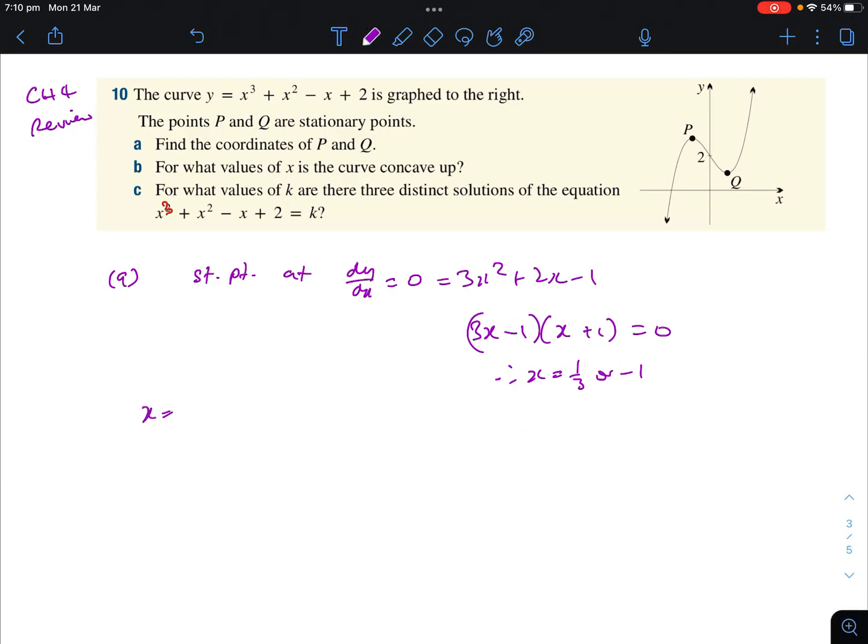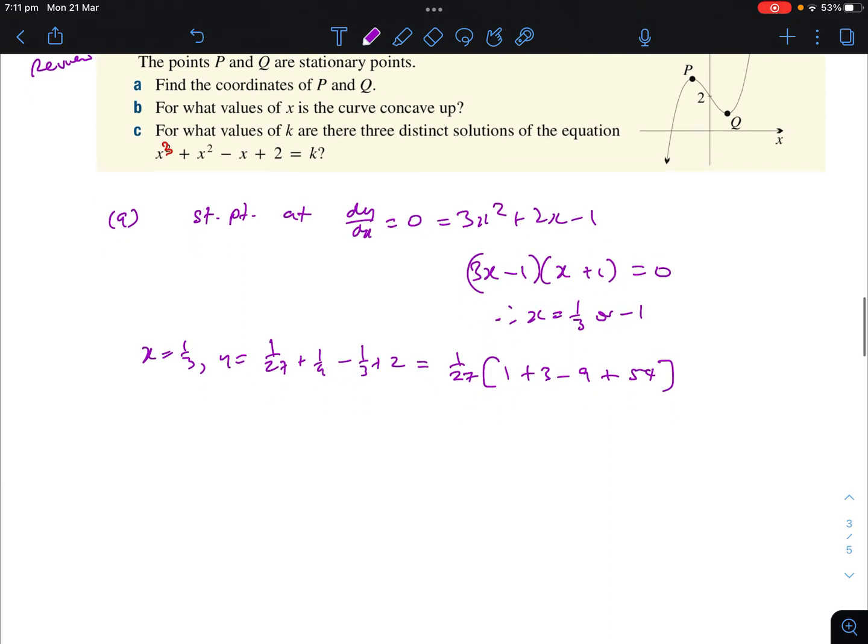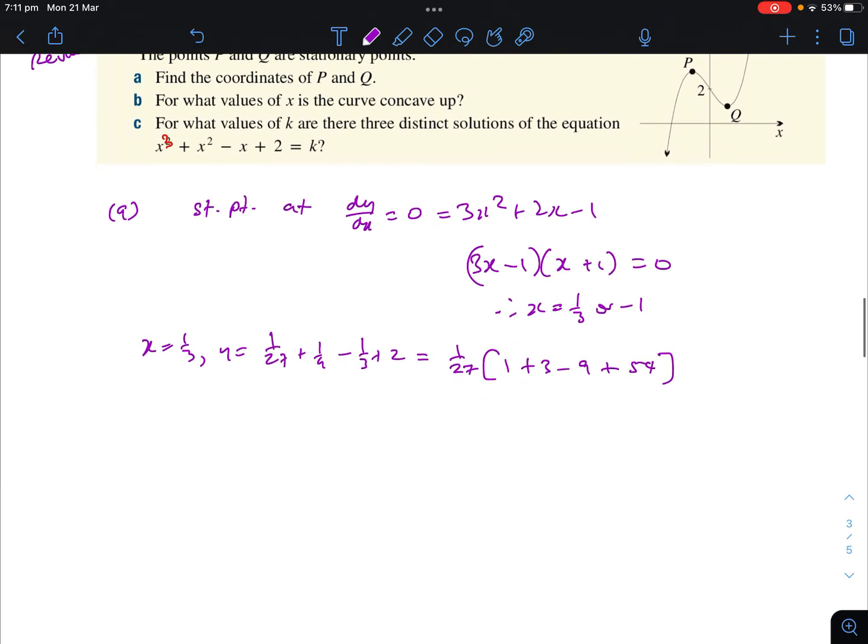When x equals a third, y equals 1/27 plus 1/9 minus 1/3 plus 2, which is 1/27 times (1 plus 3 minus 9 plus 54), which is 49 on 27.